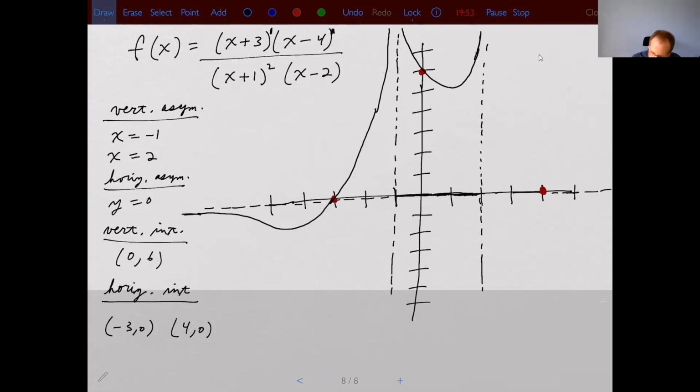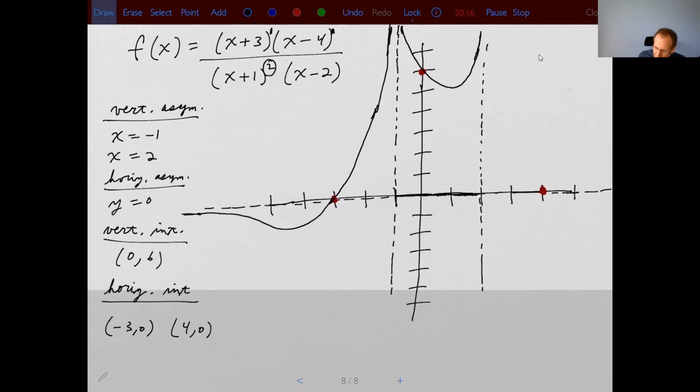How do I know that both sides approach positive infinity as you get closer and closer to that vertical asymptote at x equals -1? See how the right side goes to positive infinity and the left side goes to positive infinity? How do I know that? Because of this 2 on this factor.